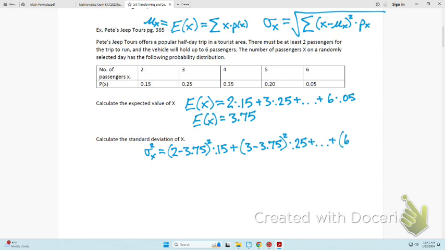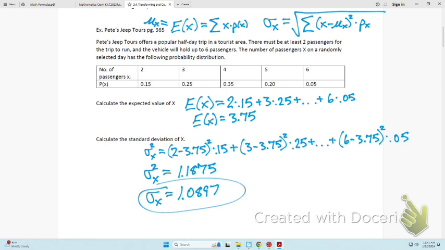I strongly recommend you practice this on the calculator. When you add up all those terms, you get the variance. That's sigma squared. You end up with 118.75. When you square root it, you get the standard deviation. You, of course, have to show work on these. Please don't just type and write the answer.